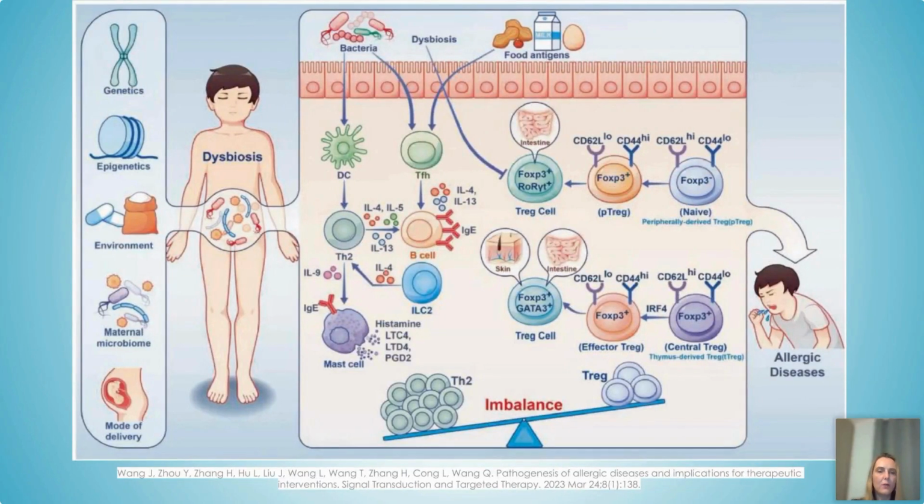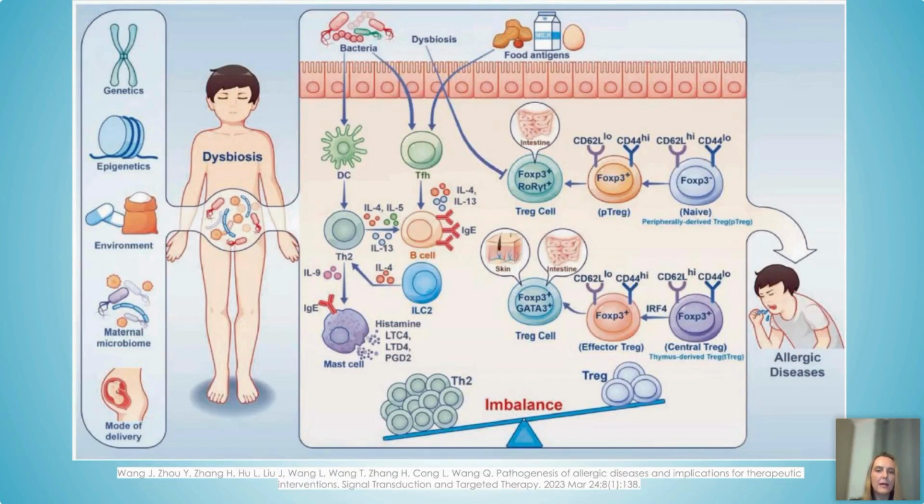Then just looking at why do we develop an allergy. So there's a dysbiosis, which can be due to genetic factors, epigenetic factors in children, environmental factors, for example, exposure to drugs, maternal microbiome, and mode of delivery. And this dysbiosis causes a dysregulation in the T regulatory cells differentiation.